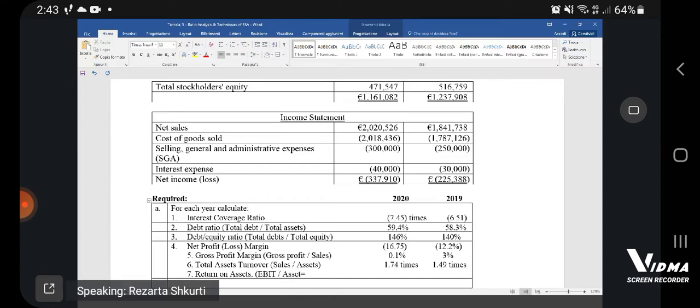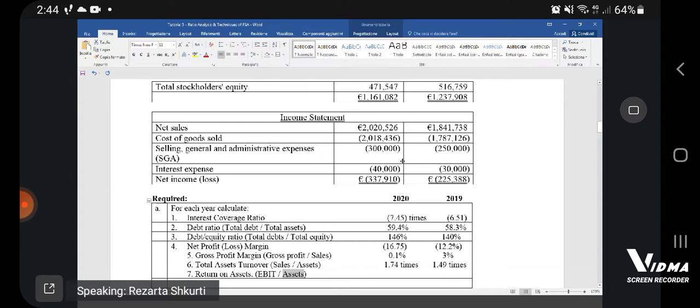Something that I always skip is that whenever it is possible, you can make the calculation based on the average values. We mentioned that when we explained the ratios, but I'm emphasizing it right now. In other cases, I would calculate the return on assets for 2020 by dividing EBIT for 2020 by average assets, that is the opening balance from 2019 plus the closing balance, divided by 2.